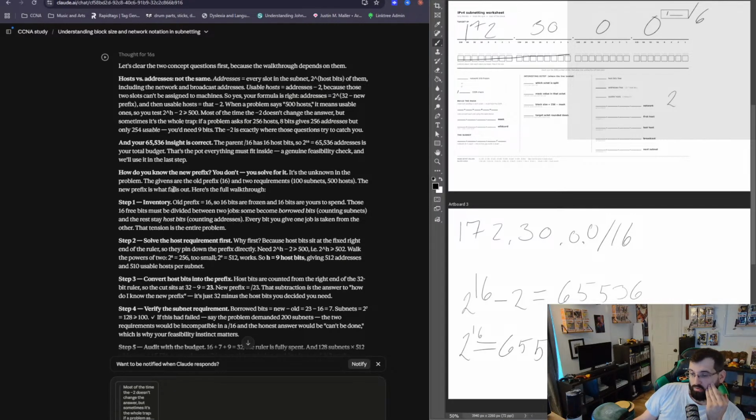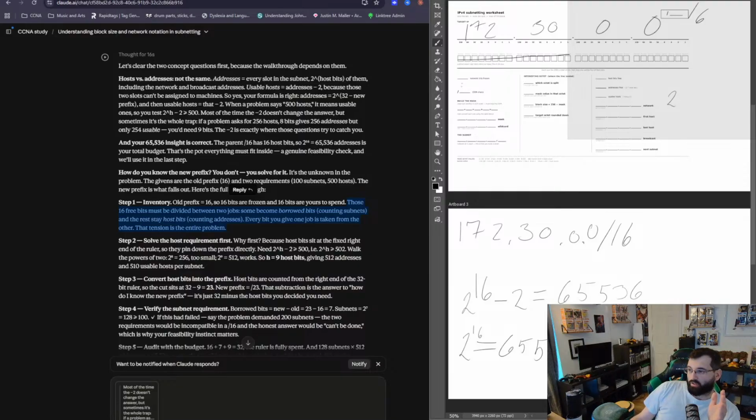Here is the walkthrough. Step 1, inventory. Old prefix equals 16. So 16 bits are frozen and 16 bits are yours to spend. Okay, that makes sense. Those 16 free bits must be divided between 2 jobs, becoming borrowed bits and counting subnets, and the rest stay host bits.